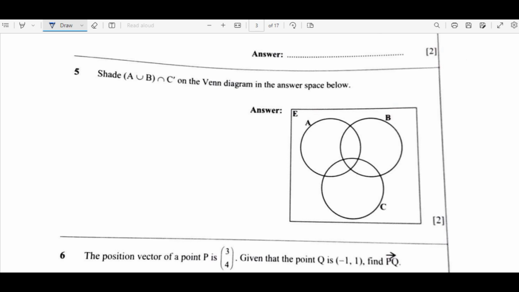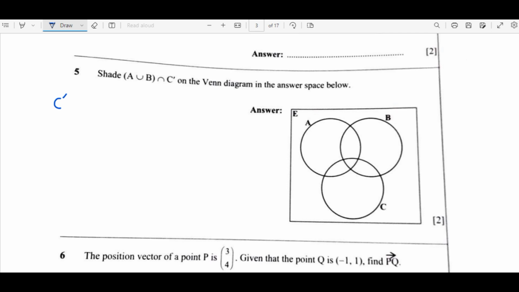And then now we have intersection C complement. What I advise my learners is this: whenever you want to find a complement, complement means excluding. So we're going to exclude set C. If they say complement C, this C is excluded.